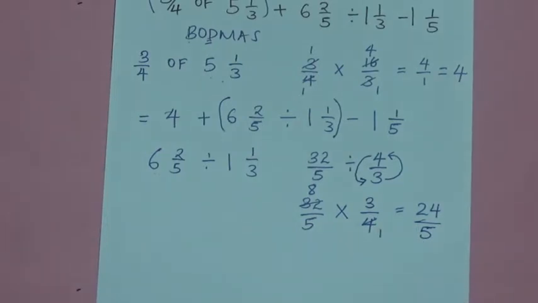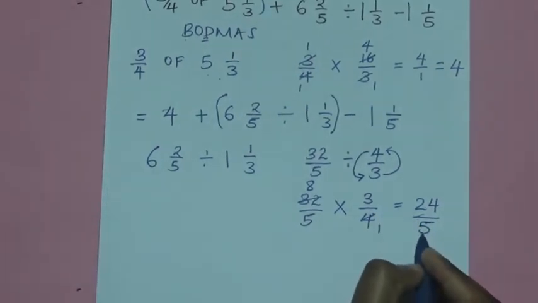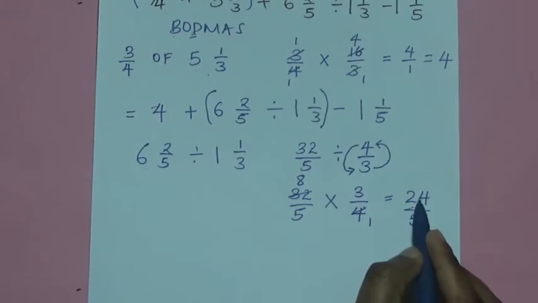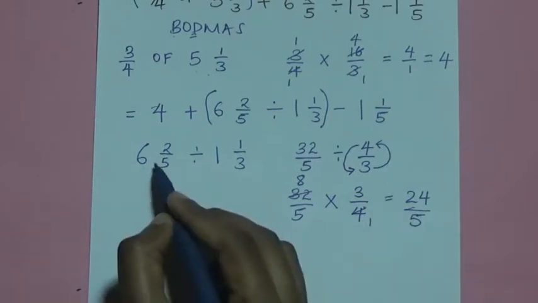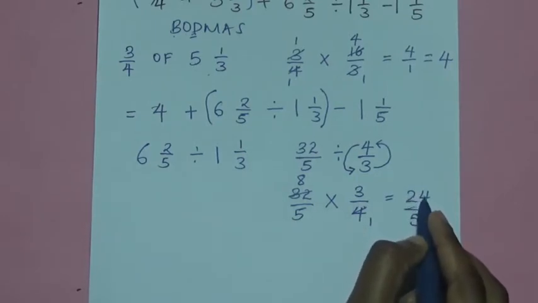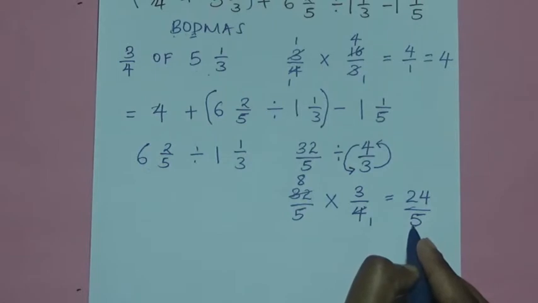Now, this is an improper fraction. An improper fraction means that the numerator is bigger than the denominator, and you have to change it into a mixed fraction. How do we do that? You take the numerator, you divide by the denominator.